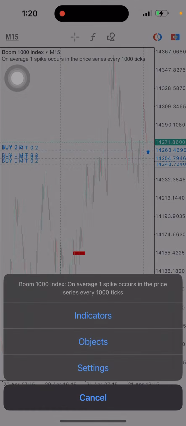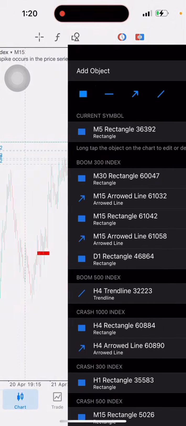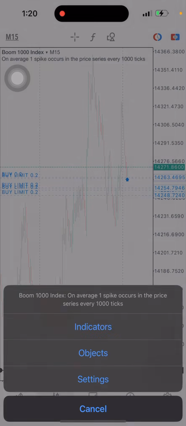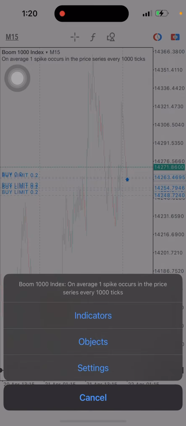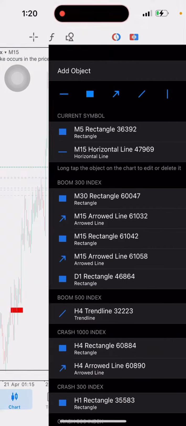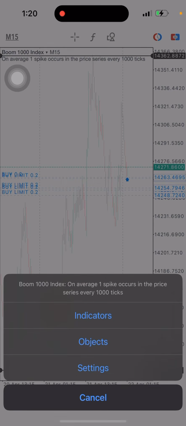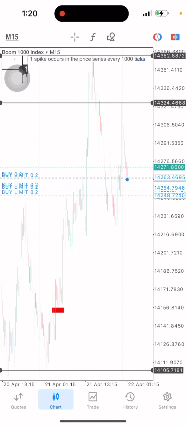Now you're going to get to your object and you take out the horizontal line. So the low of the previous day is this point. Now you're going to take your object again and identify the high of the previous day, which is at this point, and then go to object again and you identify the close of that day.